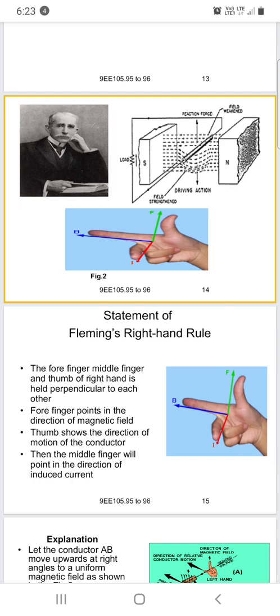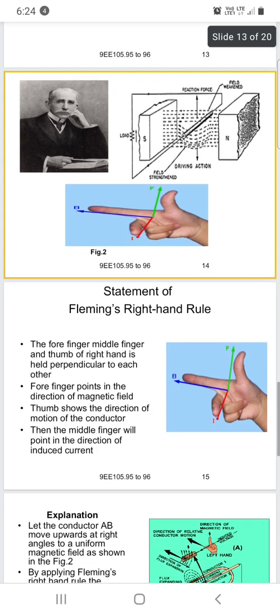So here the motion is upwards, the force is upwards, and the induced current flows through the conductor, and that current flows through the load. If the load is a bulb, then the bulb will glow.